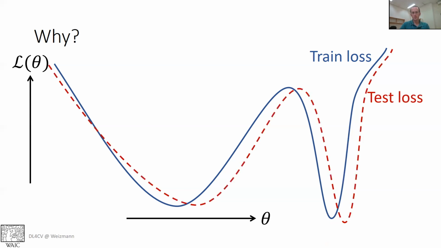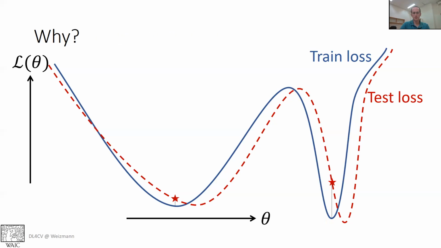The test loss, which is what we really care about, is similar to the training loss, but it's not exactly the same because it's estimated using slightly different examples. So it's roughly the same, but not exactly. And what happens if we converge to this sharp point? The deviation from the actual test loss is quite large. So even a small change between the train and the test loss entails a very large test error, very poor generalization.